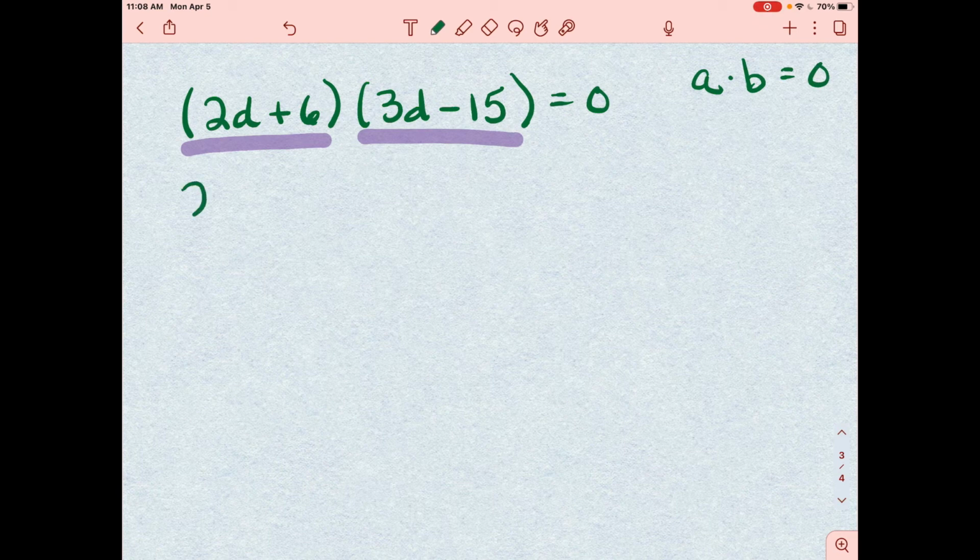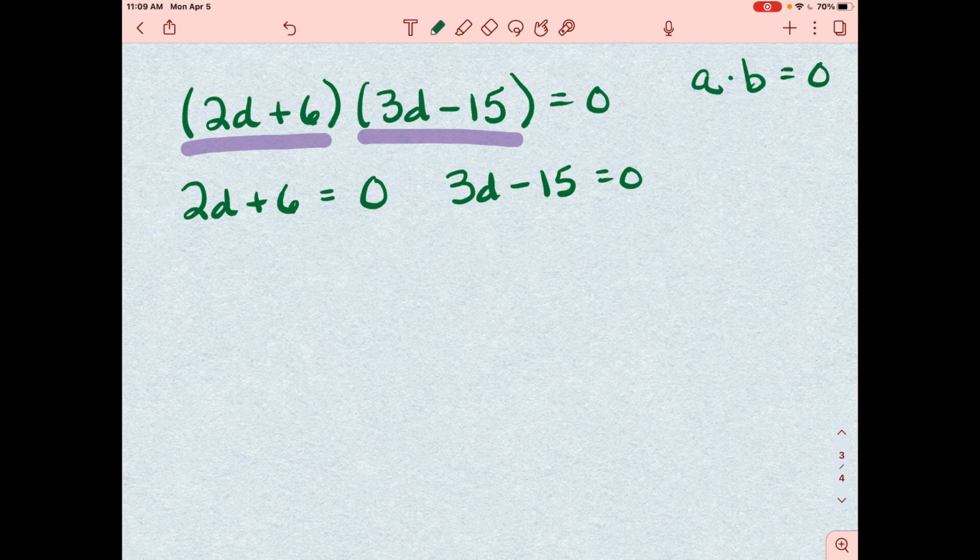We know that 2d plus 6 might indeed equal 0, because that would be 0 times 3d minus 15, and that would equal 0. Or 3d minus 15 equals 0. Generally, we're just going to assume that both of them could equal 0. In the rare occasion, only one of them might be 0, but this will uncover two possible answers that d could be. And in a little bit, we're going to see on a graph why there are usually two answers.